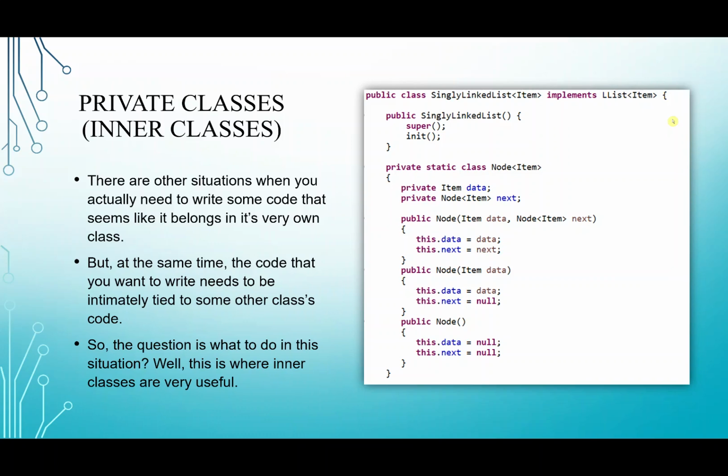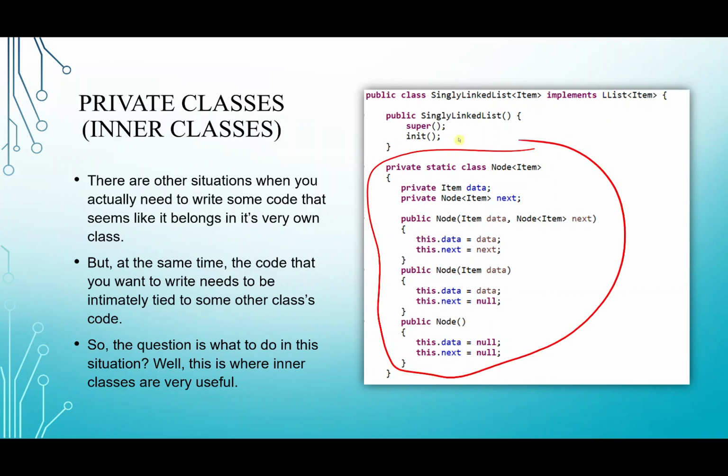So there are other situations where you actually need to write some code that seems like it belongs in its very own class. And this is what we are talking about, right? At the same time, the code that you want to write needs to be intimately tied.